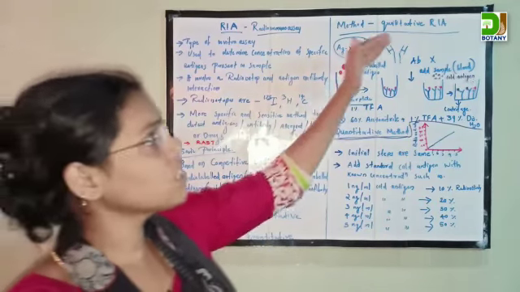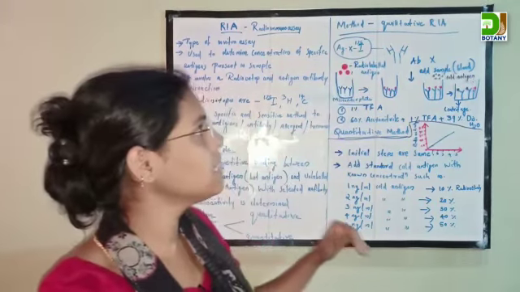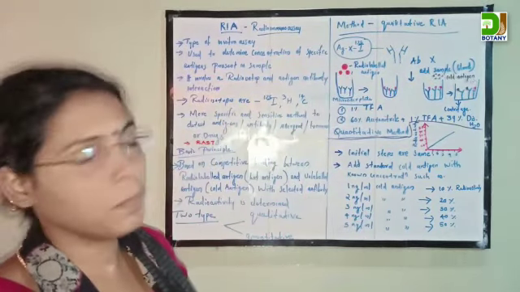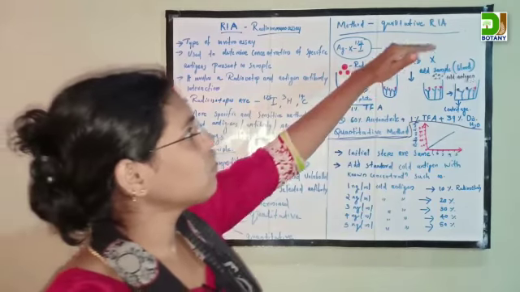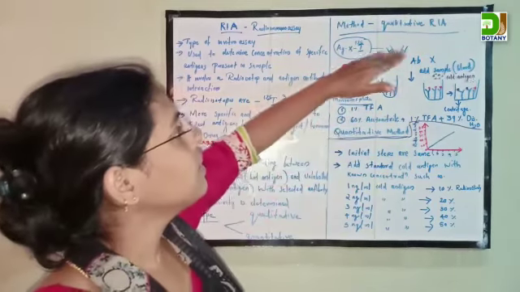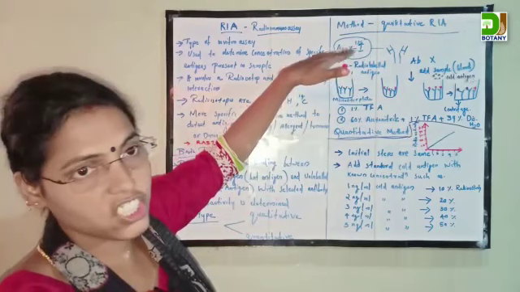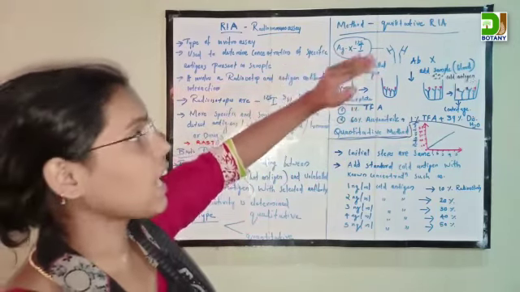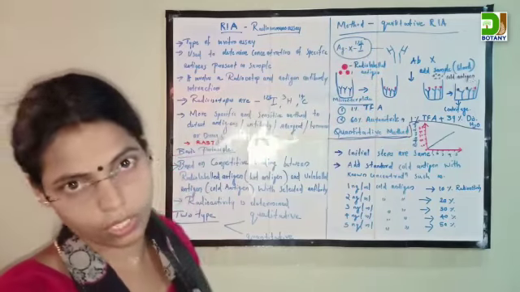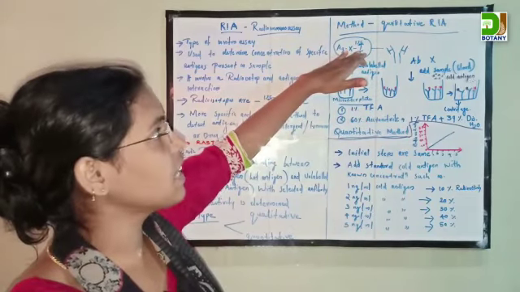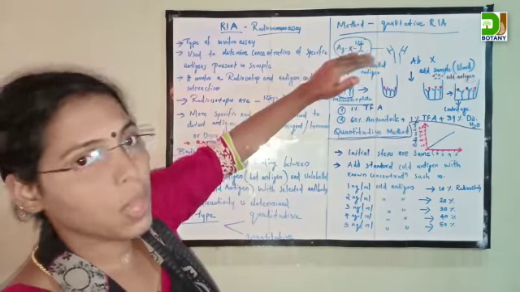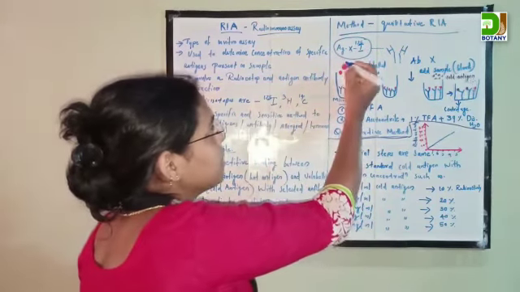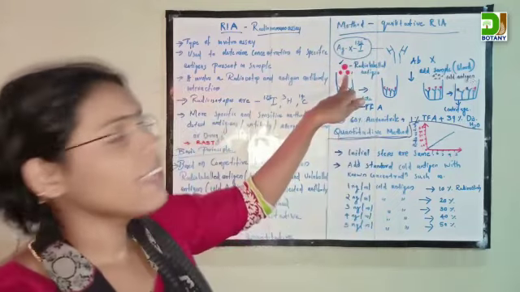First, we discuss the methodology of the qualitative radioimmunoassay. We first take an antigen, considered as antigen X. It is first radiolabeled with iodine-125. The red color represents radiolabeled antigens.